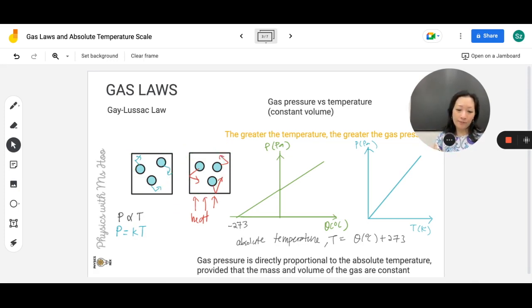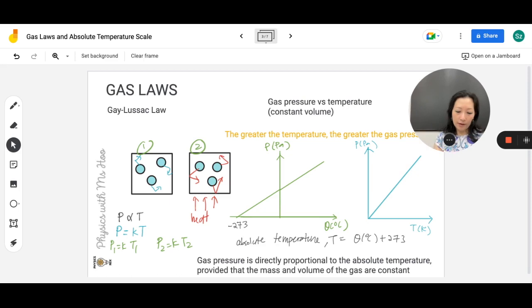So from here, you can write it as P1 equals KT1 if this was the first situation. And for the second situation, it will also be the same. It will be P2 equals KT2.